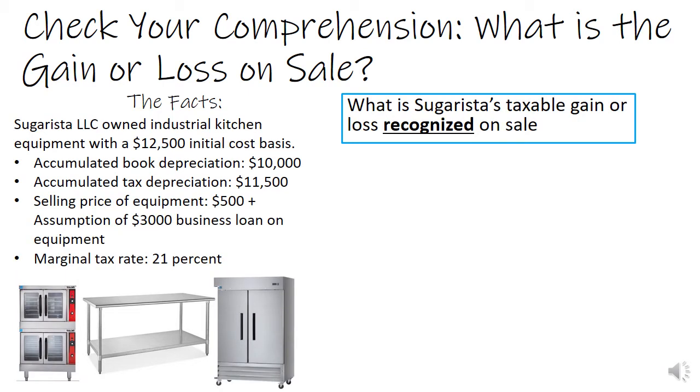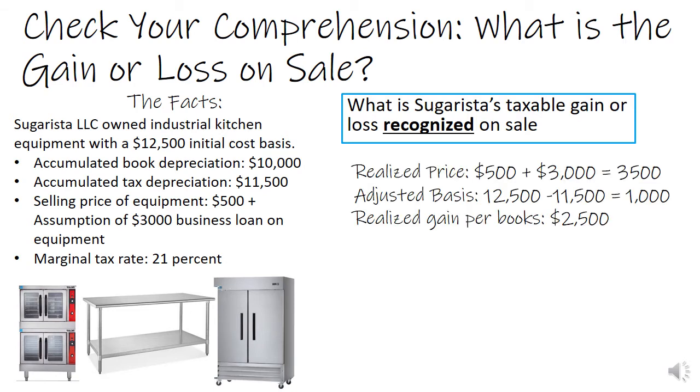All right, now let's say she's found a buyer and she's able to sell the equipment for $500, and the buyer is going to assume the $3,000 loan that she acquired to purchase the equipment. So now let's calculate Sugarista's taxable gain or loss. It's the same formula, realized price minus adjusted basis equals gain or loss.